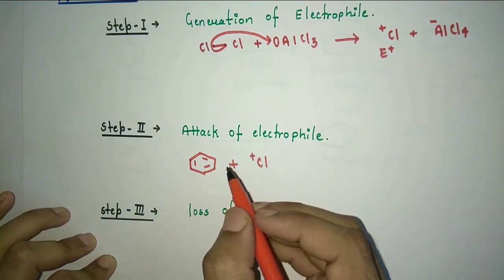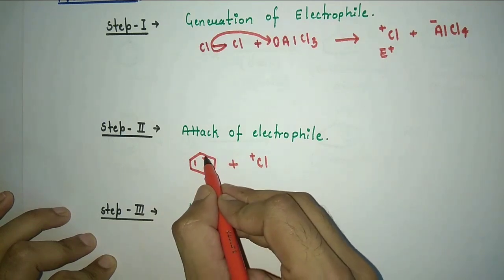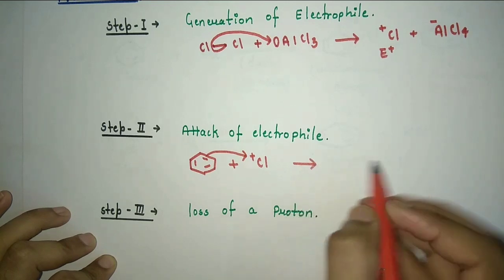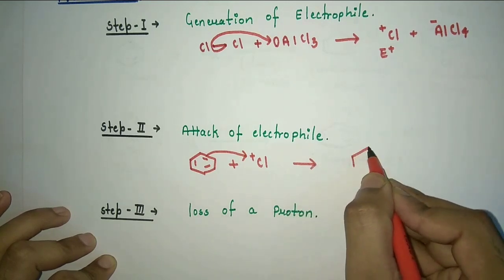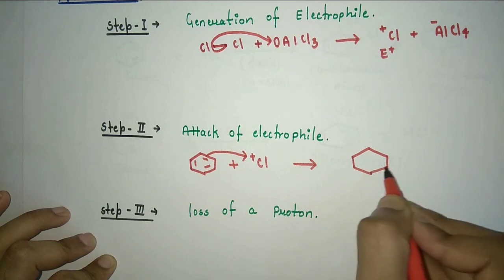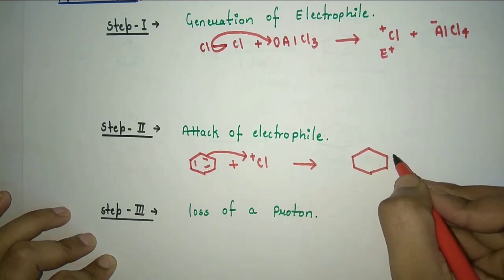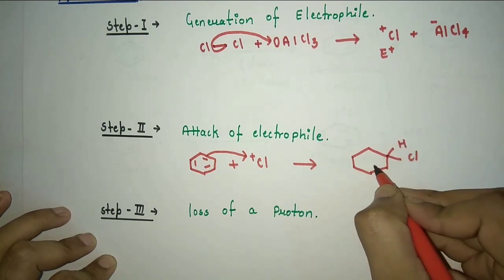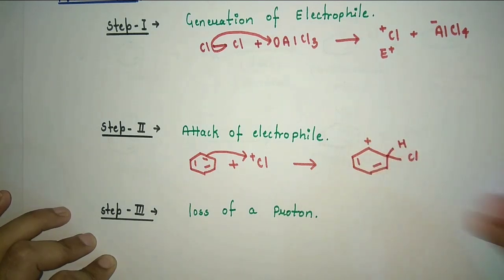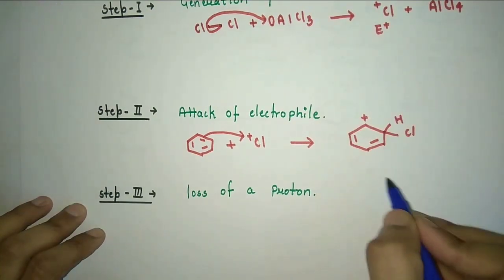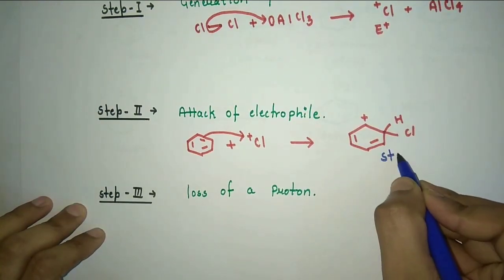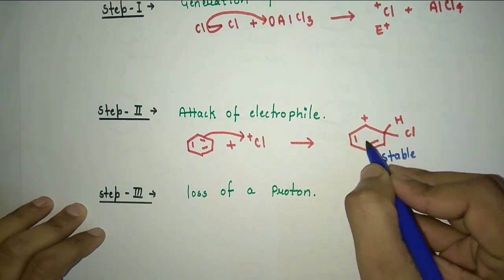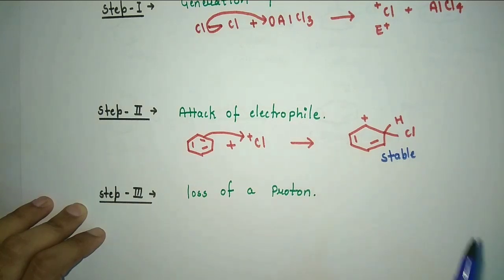The electrophile attacks the pi electron cloud of the benzene system and forms this carbocation intermediate. This carbocation intermediate is highly stable because of resonance. This bond moves to this and this bond moves to this, so it is stable due to resonance.